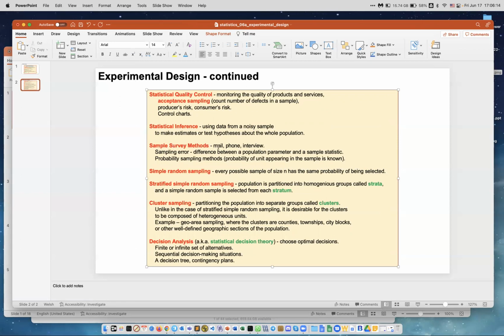Sample survey methods: mail, phone, interview, sampling error, probability sampling methods, simple random sampling, stratified simple random sampling, cluster sampling, decision analysis. So you see a lot of ways you can approach problems, and I just wanted you to realize that this is a valid thing to think about.